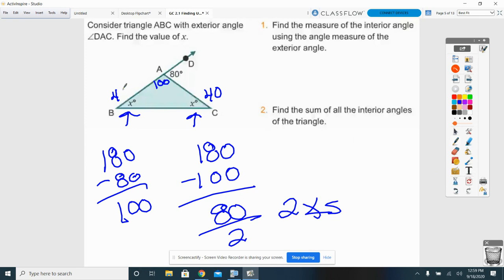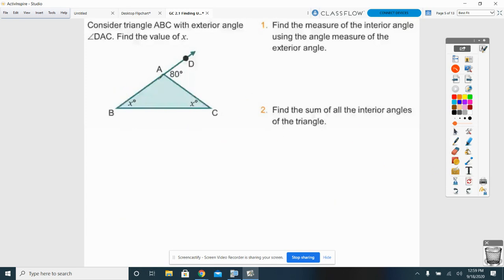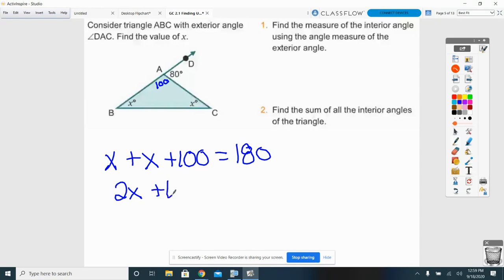Another way that you could do that might be a little bit nicer is once you figure out that smiley face angle is 100, you can write the equation: x plus x plus 100 equals 180. That's 2x plus 100 equals 180 because if you take 1x plus 1x, you get 2x.